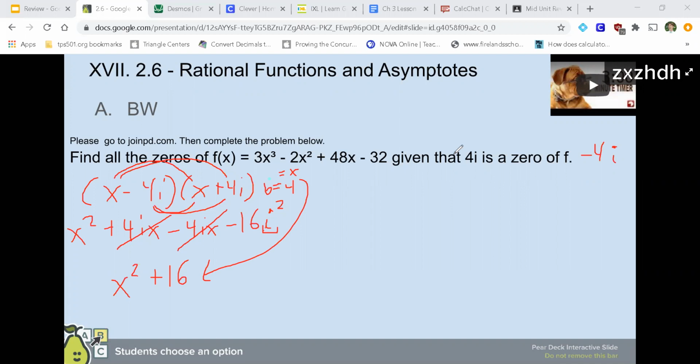But anyway, the reason why we do that is because if those are factors, then I should be able to divide them from my polynomial to find the remaining factors. So I'm going to do long division now, where I'm going to divide by my answer.